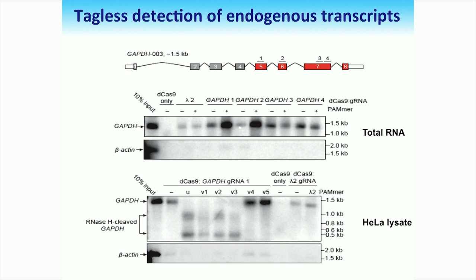This work was published last fall, and what we've been doing since then is trying to make the system robust enough that we can use it in living cells, or for things like imaging of transcripts in cells, analogous to what I showed you yesterday, but imaging RNA rather than DNA.